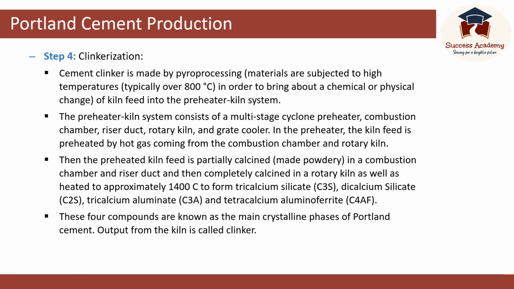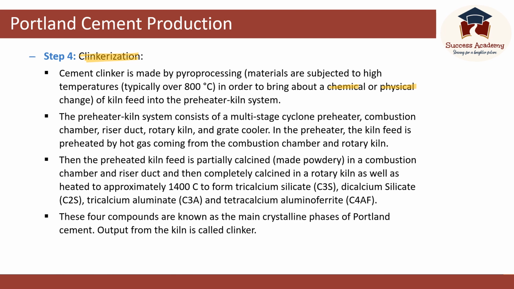The next step in Portland cement production is clinkerization. In this process, we make clinker by pyroprocessing. That means we heat up the kiln feed to a very high temperature to bring chemical and physical changes. The preheater kiln system consists of many pieces of equipment such as a multi-stage cyclone preheater, combustion chamber, riser duct, a rotary kiln and grate cooler.